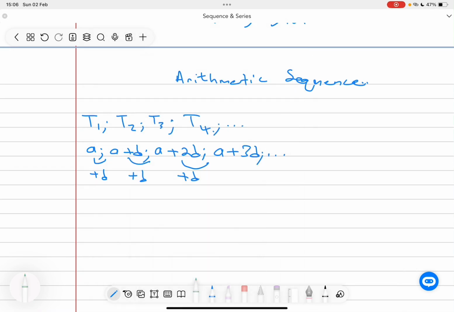Say I rewrite these terms at the bottom as A plus 1 minus 1 times D. This would give me A plus 0 times D. Now, this is the first term, because I can see that I'm always having one less than the number of the term. So if I take the first term number, the 1 here, and subtract 1 from it, I get 0.